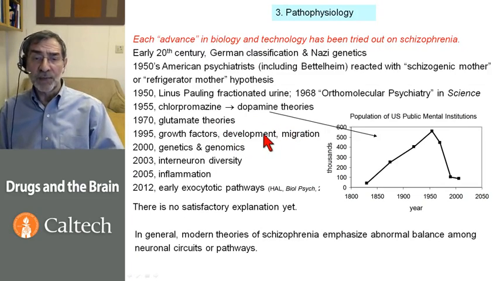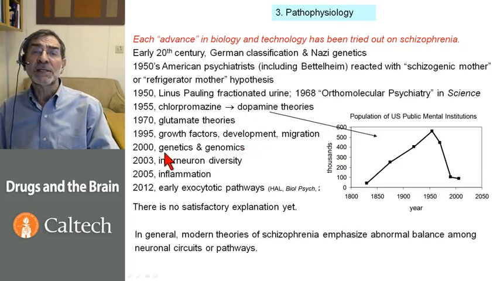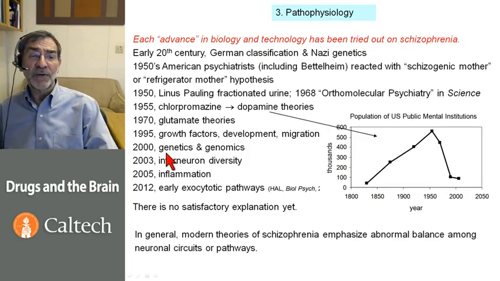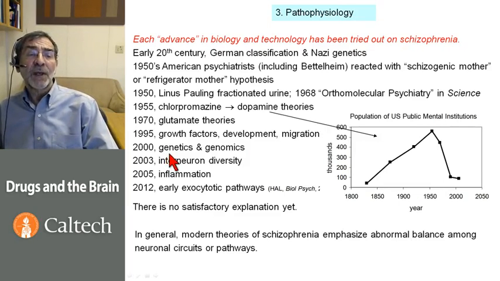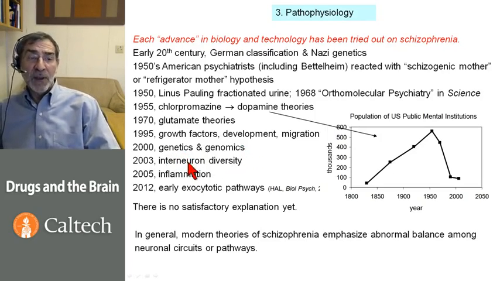And this idea persists and is being developed at the present. Around the turn of the millennium, when genetics and genomics became powerful enough to have lots of sequence, we returned to the idea of trying to find schizophrenia susceptibility genes. And this idea persists also to the present.